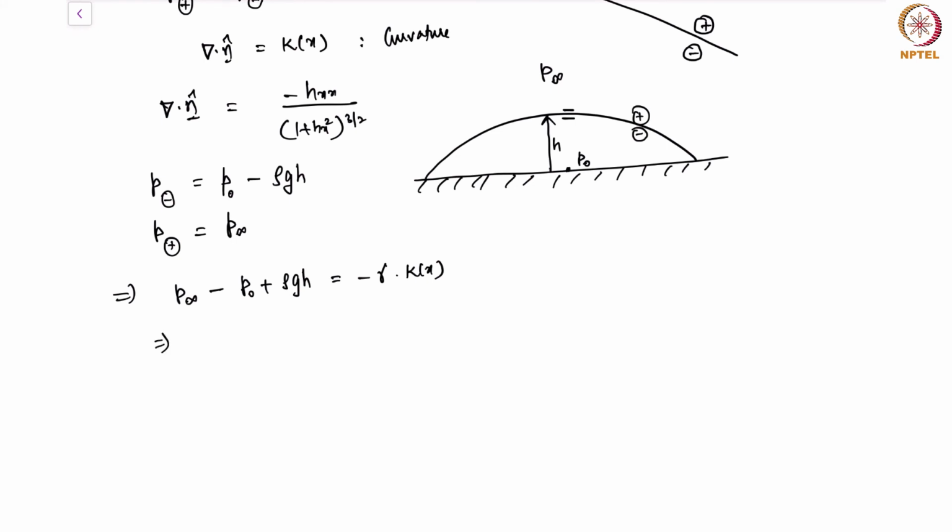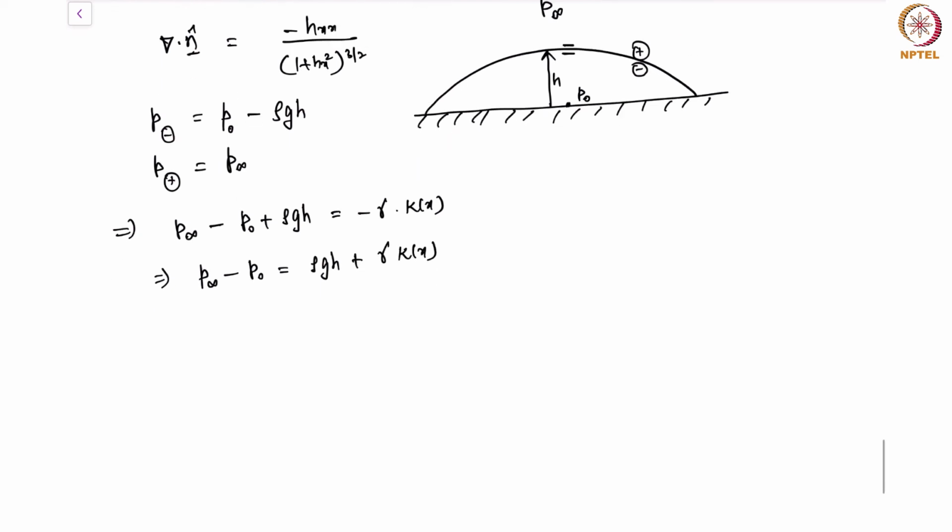Or I can now write down P infinity minus P naught is rho gh plus gamma times curvature, or I can simply say this is delta P, is rho gh plus gamma times curvature.